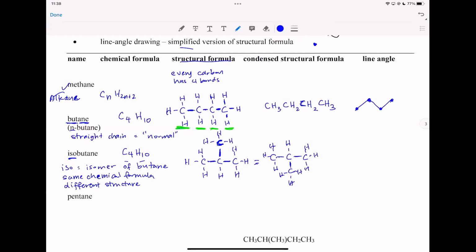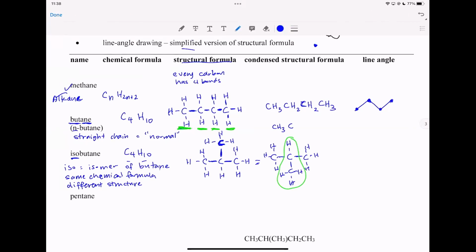So the condensed structural formula shows what's bonded to each carbon. Just looking at this, you start with a CH3, and then it's bonded to the center carbon right here. The center carbon has a hydrogen, so it's a CH. And then there's a branch off of it. I'm going to highlight this branch right here in red. So this is a CH3 branch.